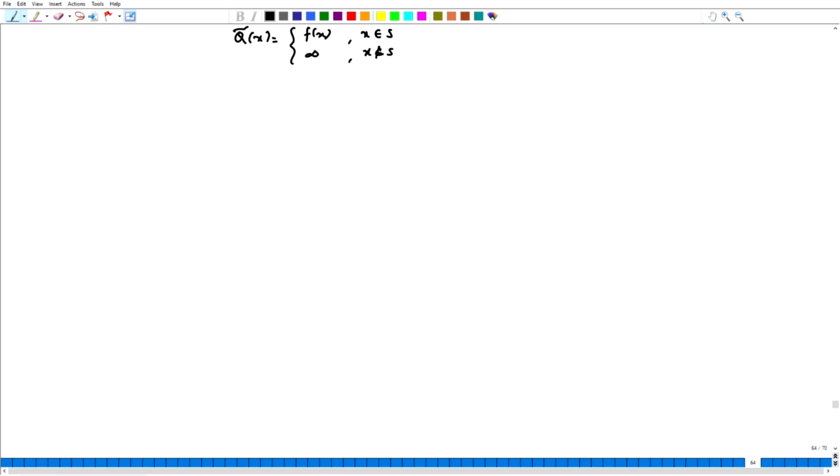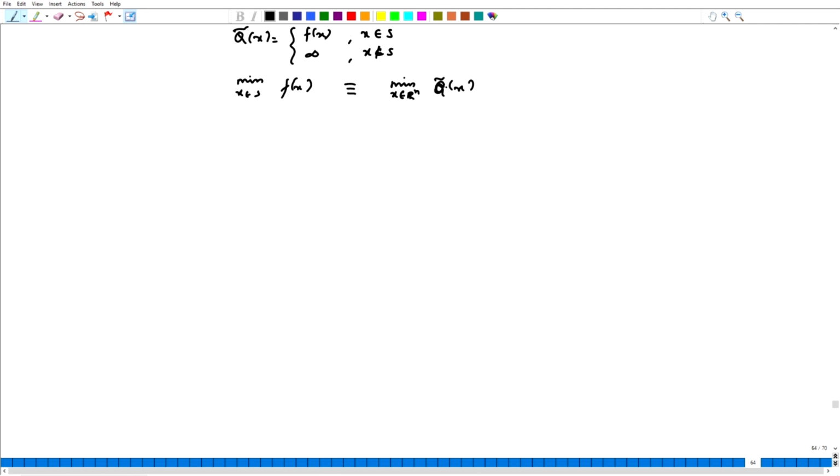I am just giving you a way to accommodate the constraint set somehow. I claim that it is easy to see that the problem where you minimize f of x subject to x in S is equivalent to minimizing q tilde of x unconstrained, that is x in Rn.